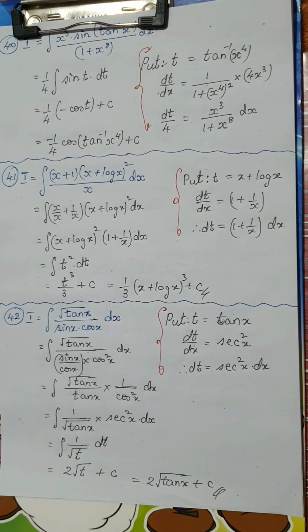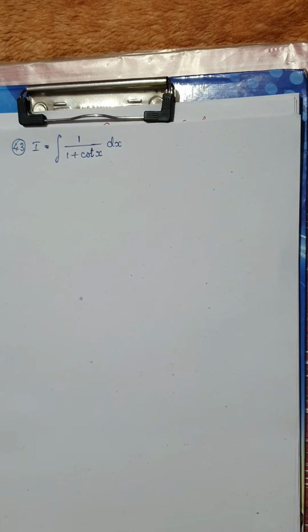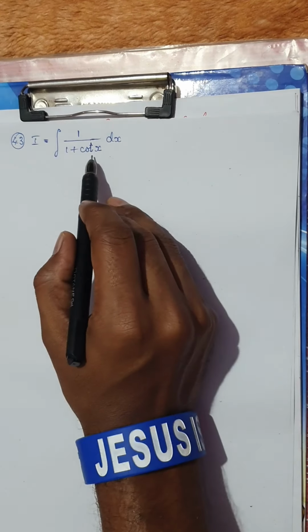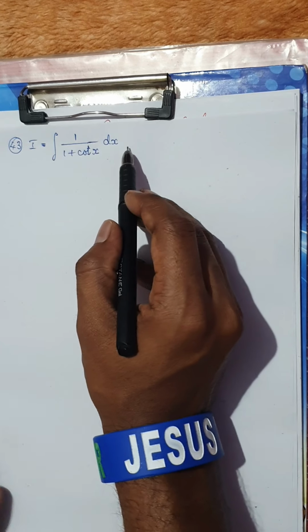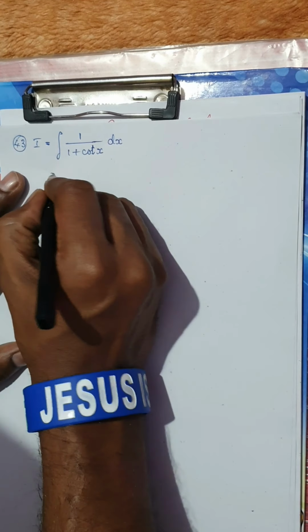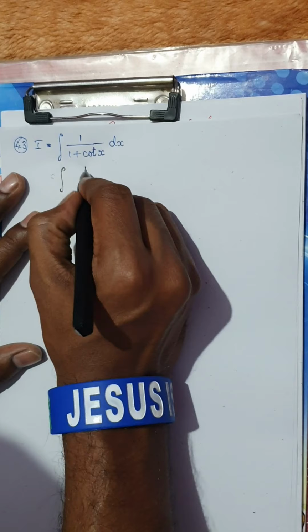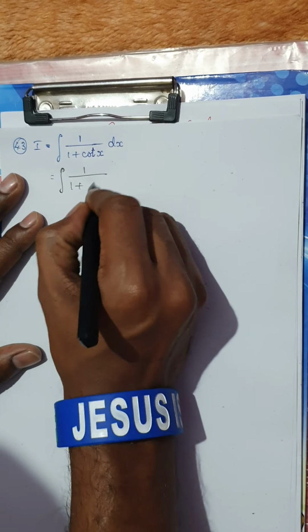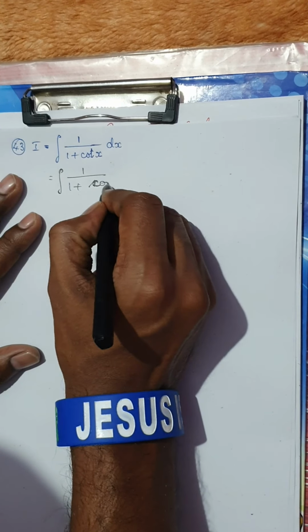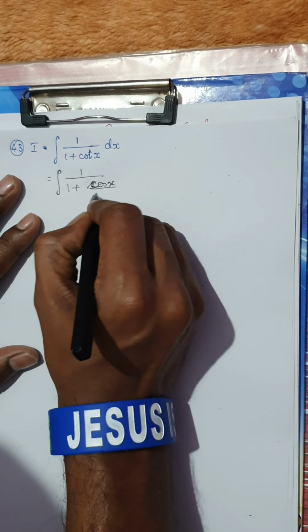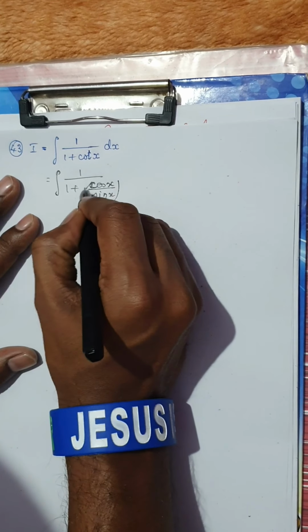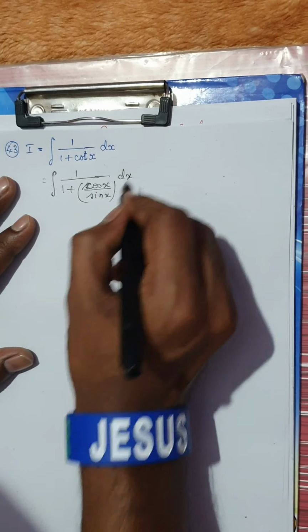Okay, right. So the next question I have is the integral of 1 divided by 1 plus cot x dx. I make some arrangements here: 1 divided by 1 plus, actually cot x can be written as cos x by sin x, dx.